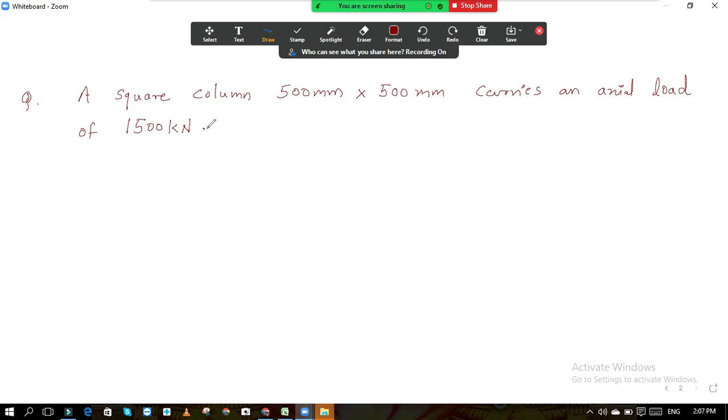So here the question is: design a square footing for the column.